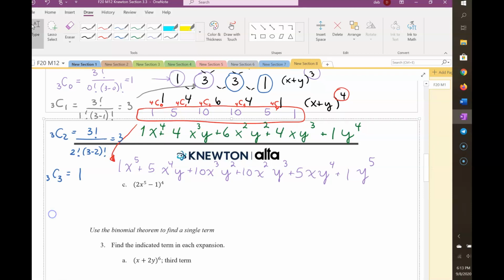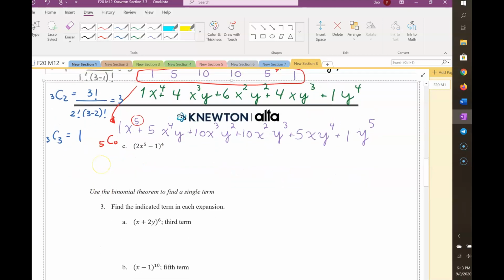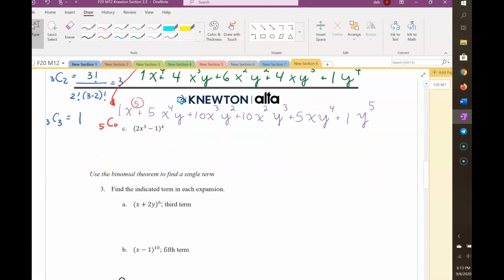I want you to notice that 5 choose 0, because I'm on the row where the exponent is 5, notice that this 5 corresponds to the exponent on the first term. And then this 5 comes from 5 choose 1.